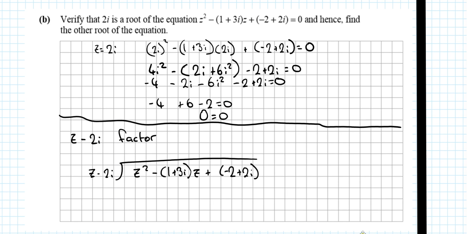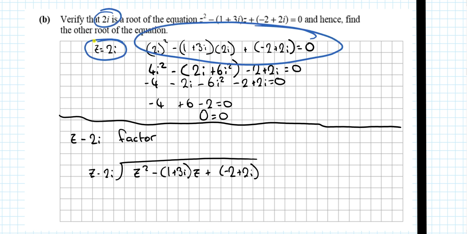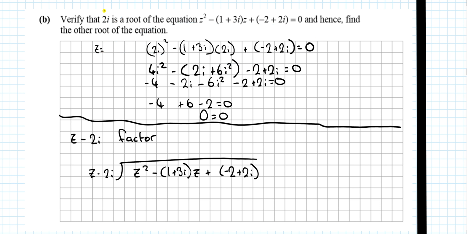Okay, and the last question of it is verify that 2i is a root of the equation. Well, if it is a root, when I sub it in for z, it should multiply out to satisfy the equation, as in when I multiply it out, it should make sense. So 2i by 2i is 4i squared, 1 by 2i is 2i, 3i by 2i is 6i squared.